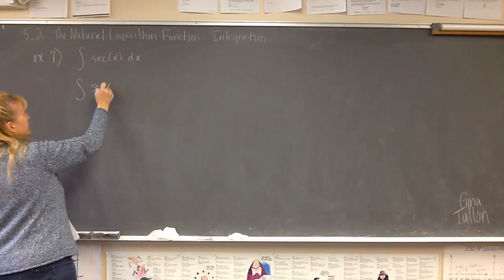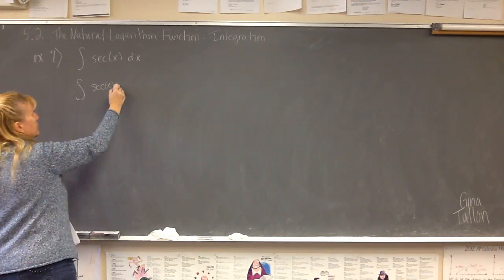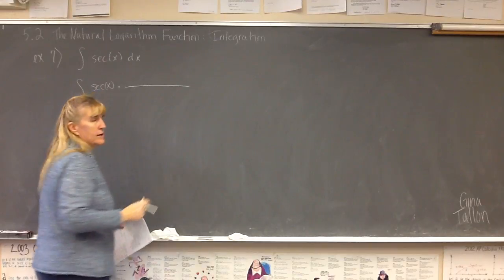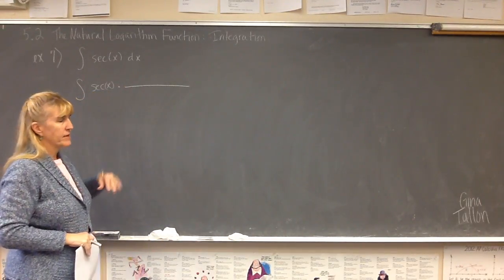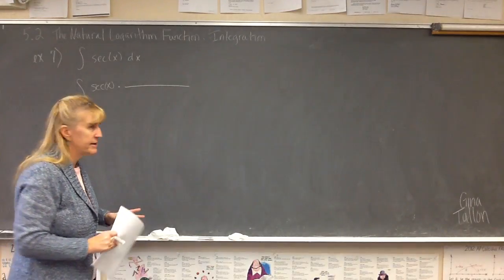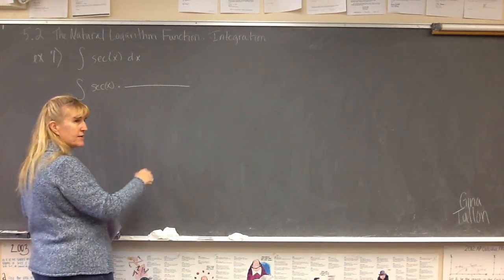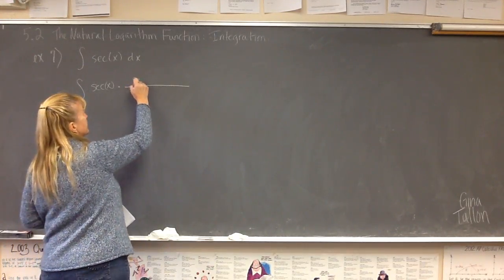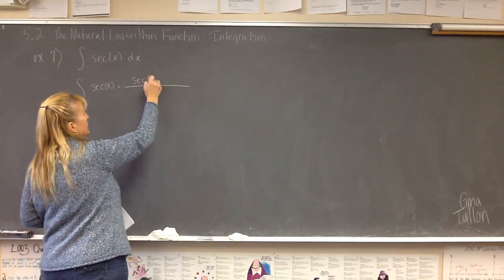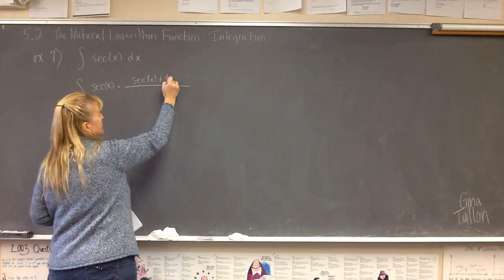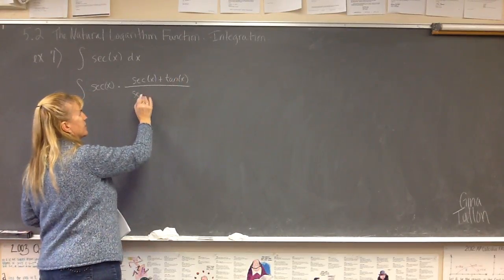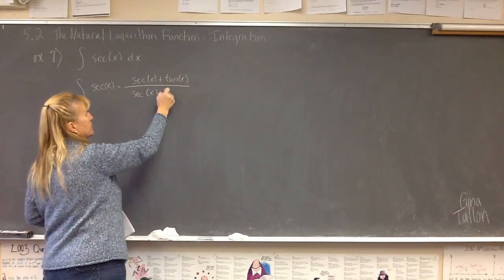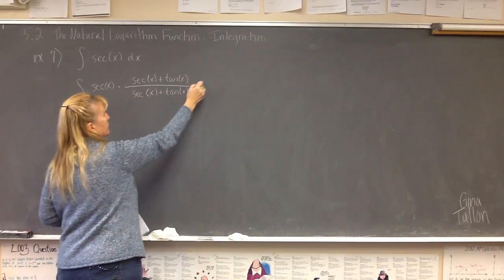We're going to take the secant of x and multiply it by some fraction with the same thing on the numerator as what's on the denominator. And that thing that I wouldn't expect anybody to come up with until now is secant of x plus the tangent of x over itself: secant x plus the tangent of x.